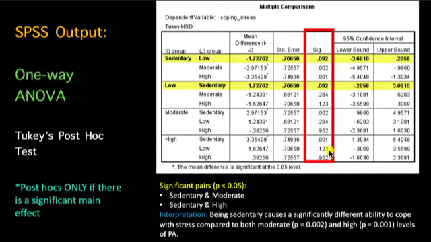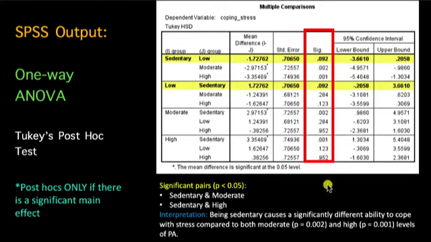We can say that the rest of the pairs are not significant because each of their p-values is greater than 0.05. Again, just to highlight, you would only look at post hoc tests if there is a significant main effect. If you don't have a significant main effect, you just skip over the post hoc tests and don't worry about them, because it is very likely that none of them will be significant.